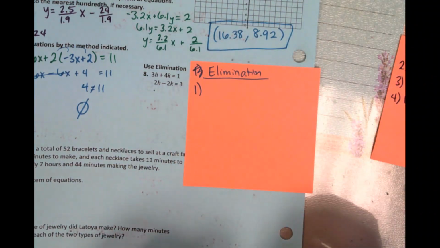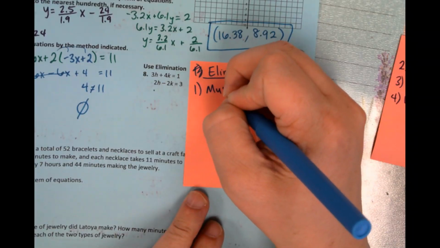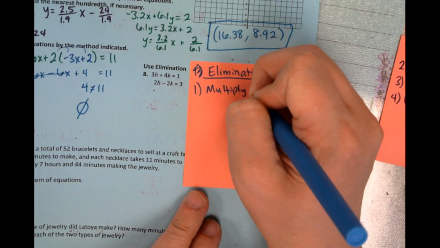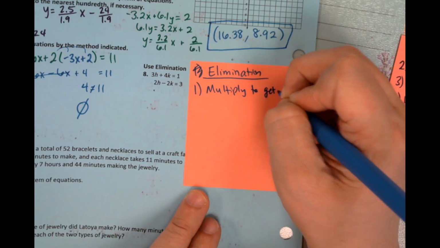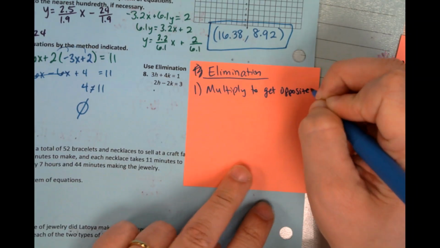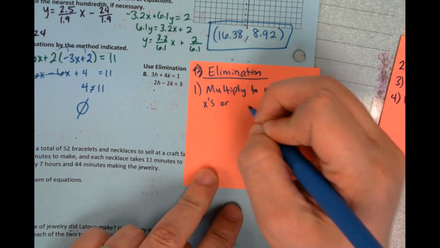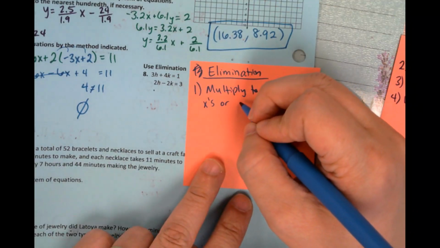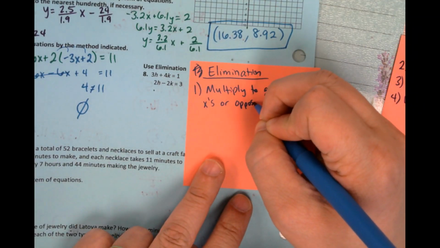First thing you want to do: multiply to get opposite x's or opposite y's.